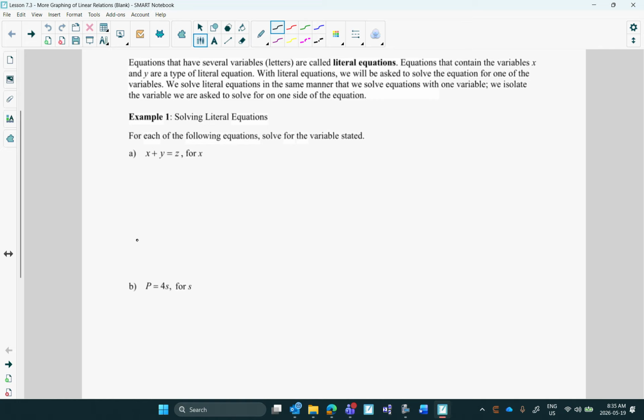I want to get rid of this, so subtract y. And whatever you do to one side of the equation, you do to the other. So what does the equation look like? Well, the y's cancel there, so I'm left with x equals z minus y, which we can't combine. They're not like terms. Guess what? We're done.